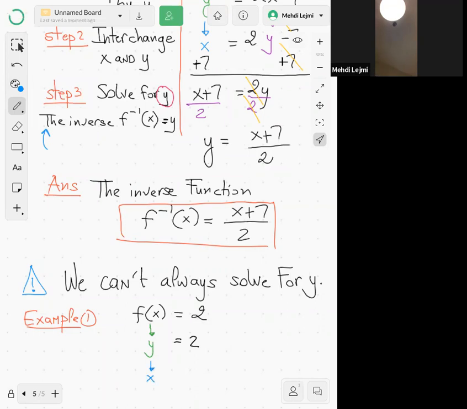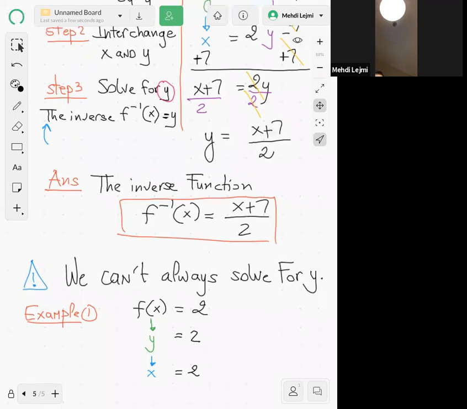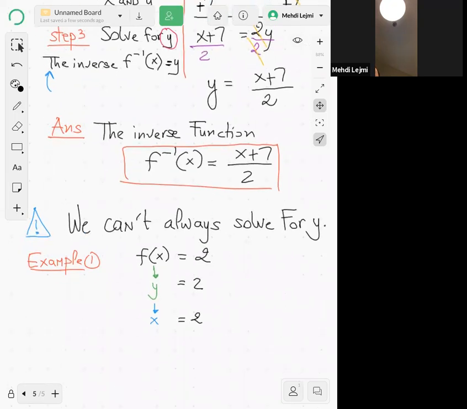But there's no x, right? So it's just x equal to 2, right? But then you're supposed to solve for y, but there's no y. So because there's no y, we cannot really solve for y.